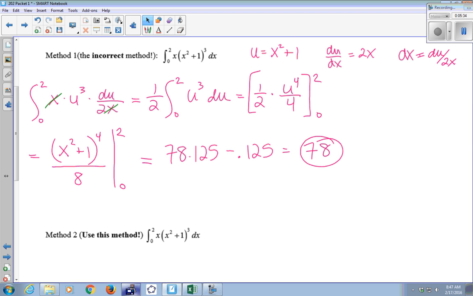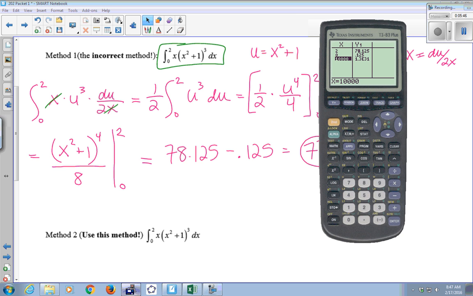All right, let's have the calculator check if 78 is actually the answer, because I can have my calculator evaluate this integral straight away, numerically. So I'm going to go back to y equals. I'm going to put in the original integrand. So I have x times x squared plus 1 cubed. I would like to know the area under that curve from 0 to 2.